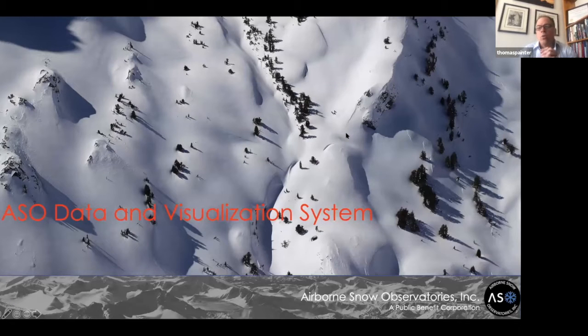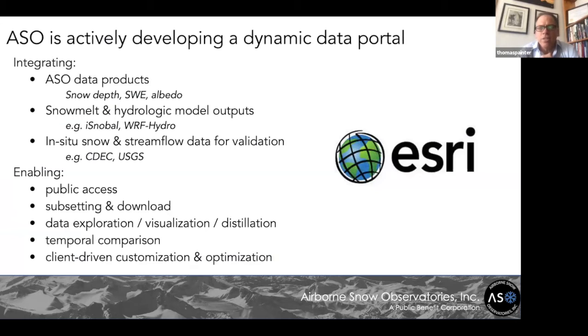Okay, so the final piece of this is the ASO data and visualization system that I mentioned that we're building with Esri, hand in glove with them, and this is to be a dynamic data portal.